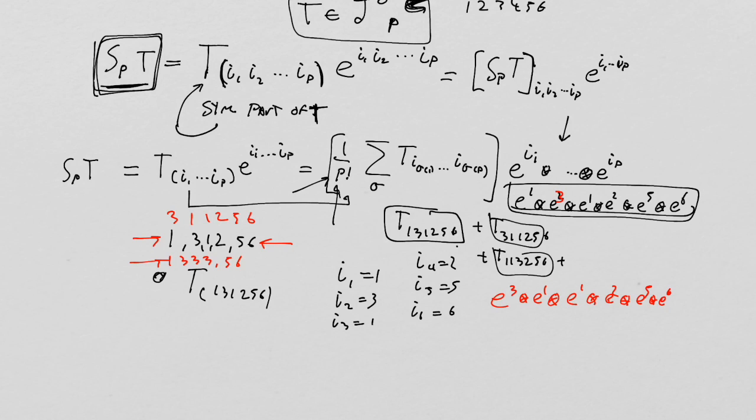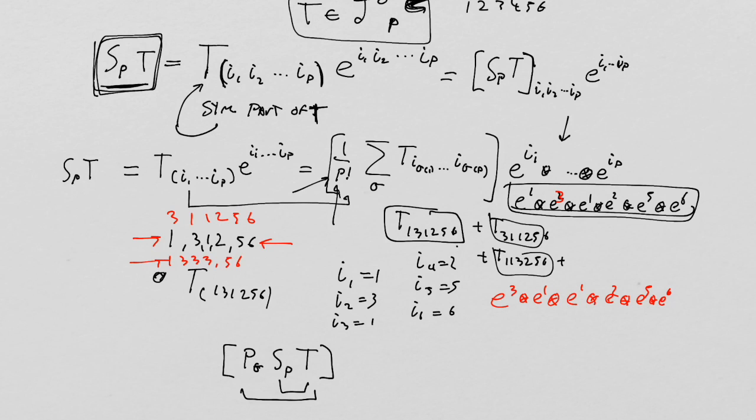Now, an interesting thing to look at is what happens if I calculate this: the sigma permutation of the symmetrization of a tensor T, right? So this is going to be a tensor. This thing is a tensor in the 0 p tensor product space, and so is this, right?